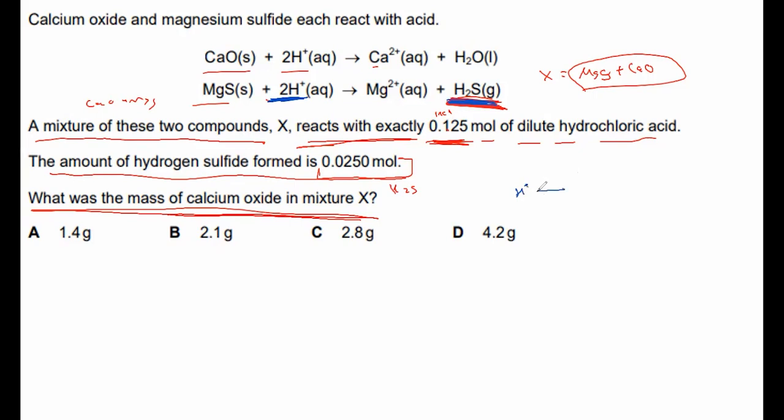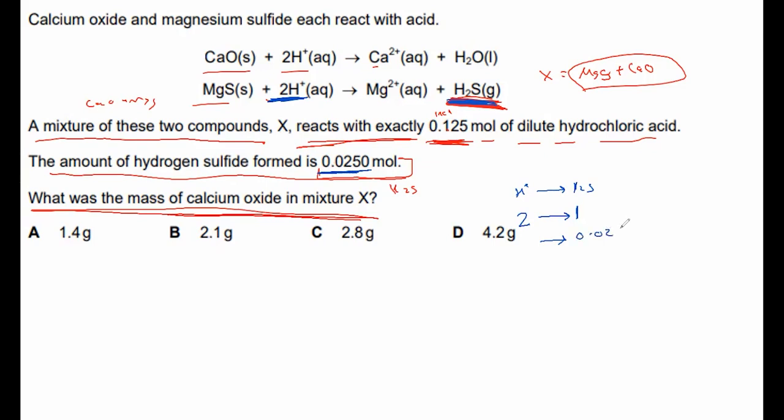So the amount of hydrogen sulfide formed is 0.025.